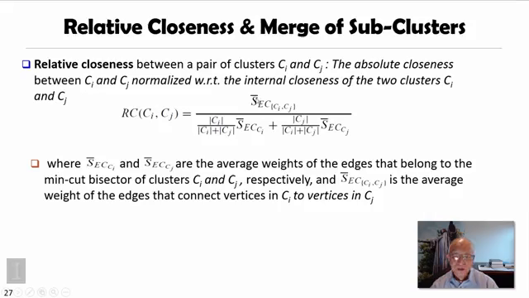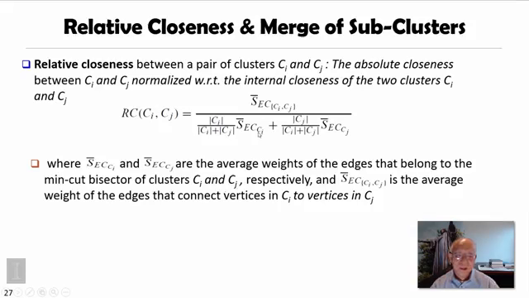The absolute closeness is essentially the average weight of the edges connecting the vertices between these two clusters. Then the internal closeness of C sub i or of C sub j is the average weight of the edges that belong to the min-cut bisector of cluster C sub i and C sub j respectively.